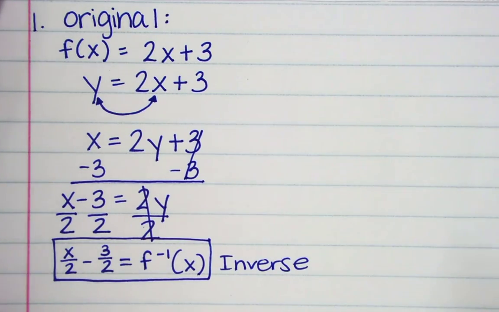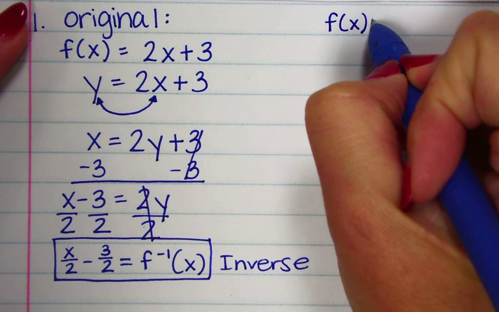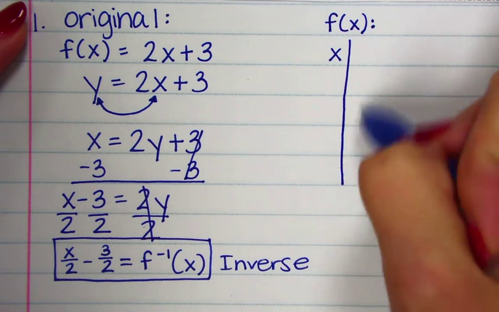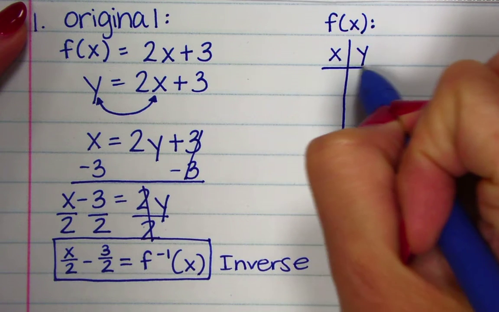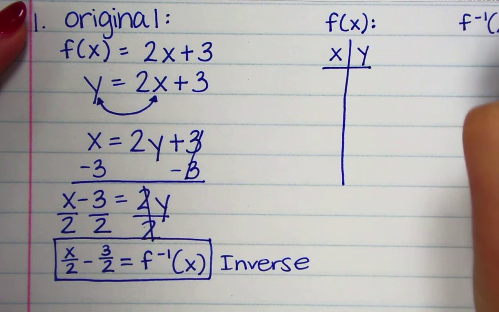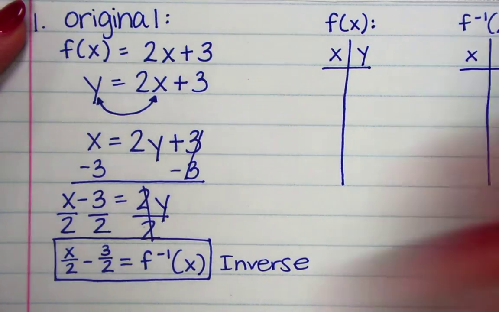Right here, we're going to look at the tables and see how those look the same. I'm going to do a table for each one. F of x is my original. And then f inverse is f to the -1 of x. That's going to be in my other one. We're going to compare the tables of these two and see how they look.